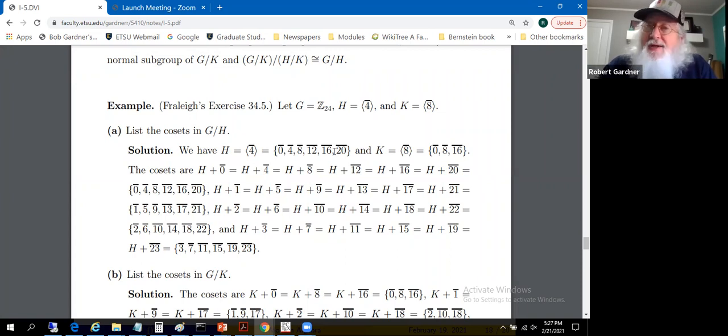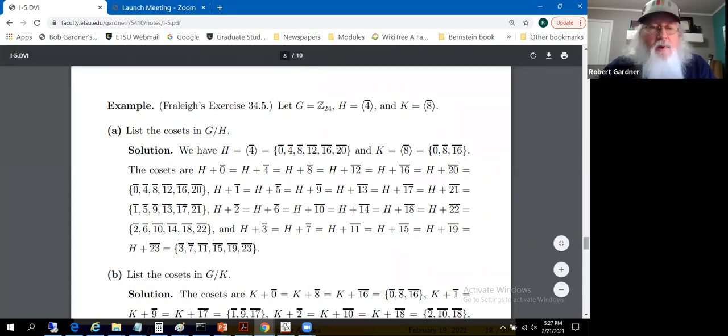So every one of those cosets will have 6 things in them. How many cosets will there be? There have to be 4 of them. 4 times 6 is 24. Remember, all the cosets are the same size. And here's the arithmetic that produces those 4 cosets. So there's the 4 cosets. Of course, they're produced in more than one way.